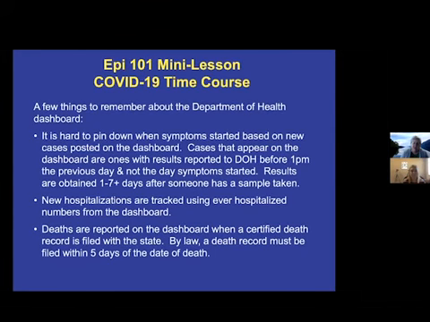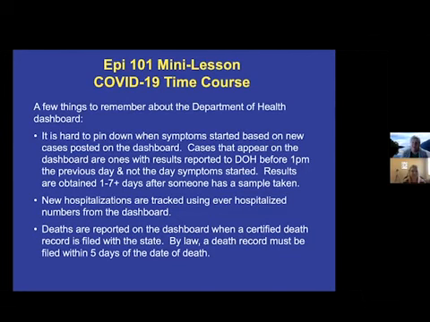Probably the most valid or closest to real-time data is the data on hospital admissions. Deaths are also a little off because what's reported on the dashboard is when a certified death record is actually filed with the state. And by law, that has to be within 5 days of the date of death.